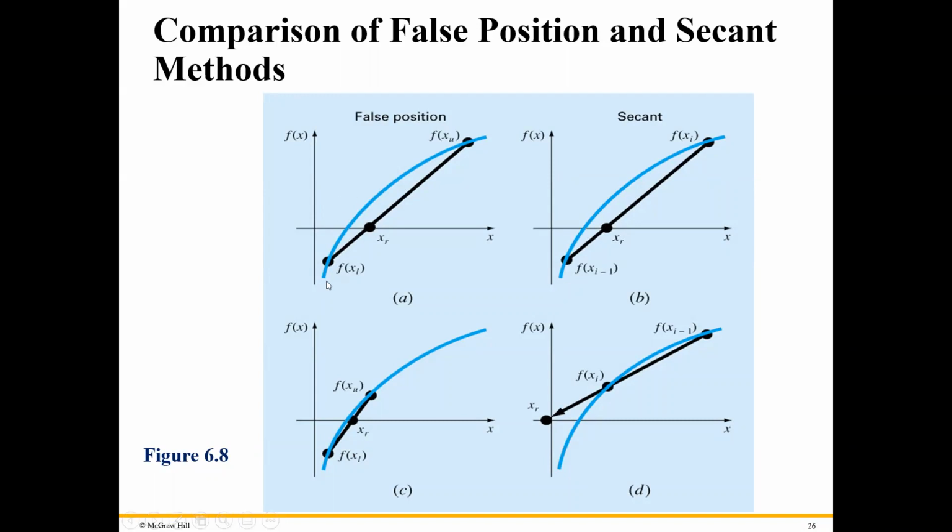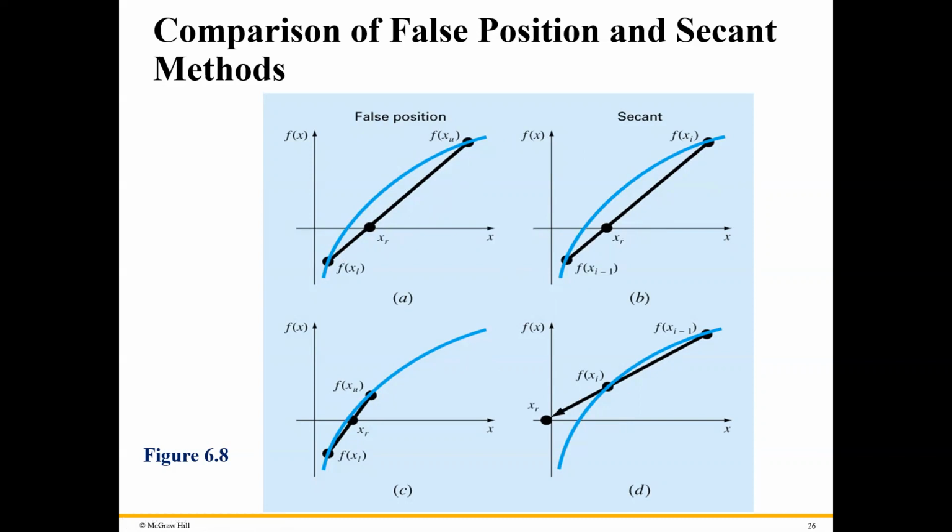In this case, by chance, for comparison purposes, we have chosen the values of XL and XU, or X_i minus 1 and X_i, to be on the opposite sides of the x-axis, negative and positive. And then the first iterations produce the same result. However, due to the difference in methodology, in the second iteration the results will not be the same.